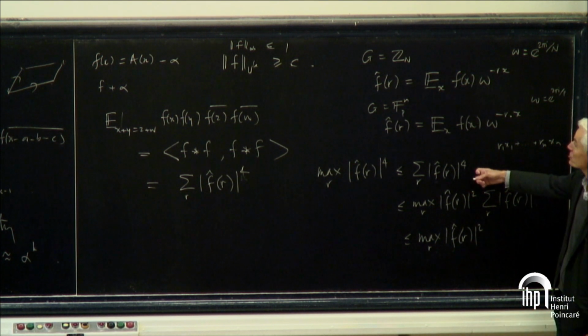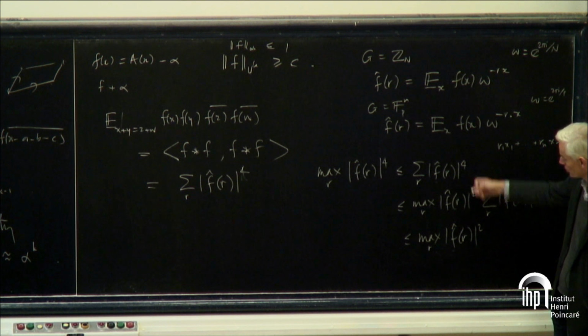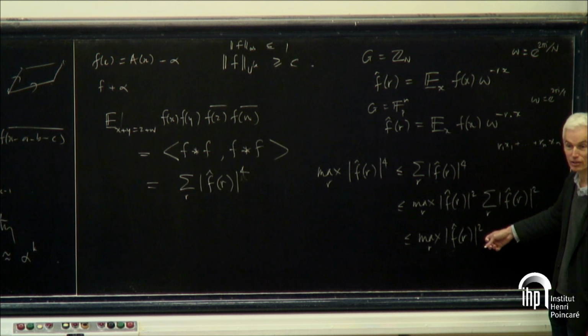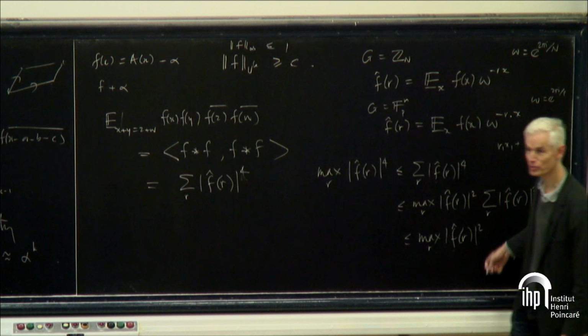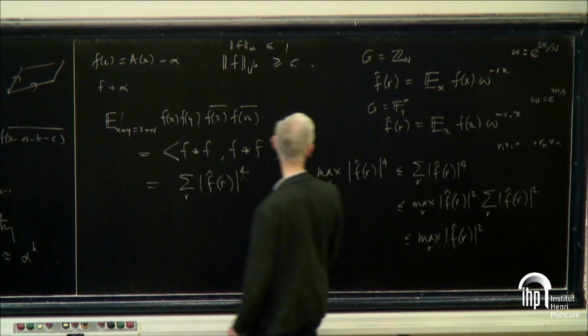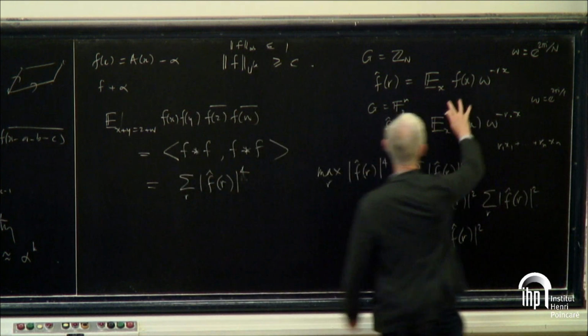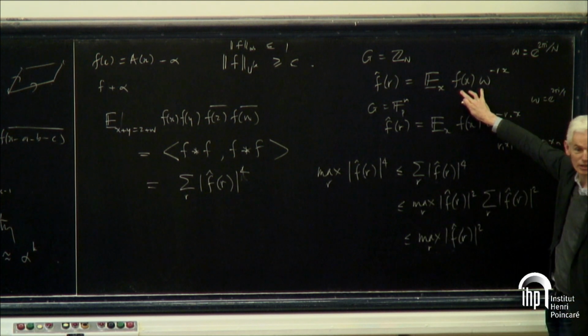In particular, if this thing here, which is the fourth power of the U2 norm, is not small, that tells us that there must be a reasonably large Fourier coefficient somewhere. If there's a reasonably large Fourier coefficient, that's telling us precisely that this thing here is reasonably large for some r.